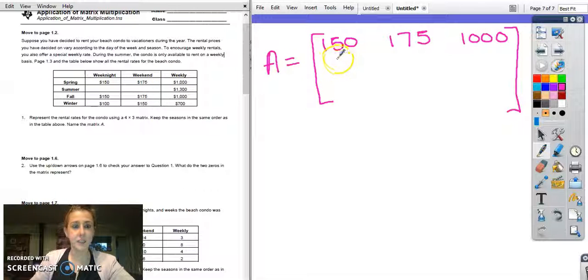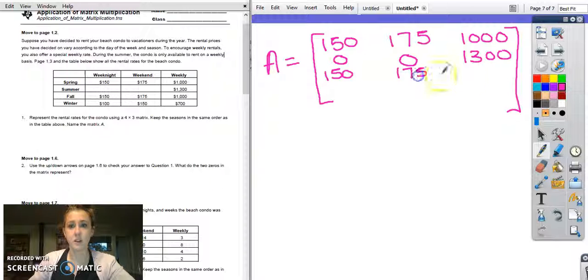Moving down into the summer row, I'm going to put zeros in place of those empty spots because you do need to have an element in there. You can't just leave them blank. So 0, 0 and 1300. Coming down into my third row, 150, 175 and 1000.